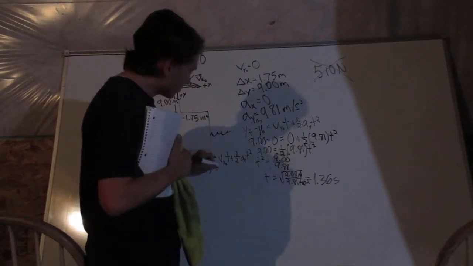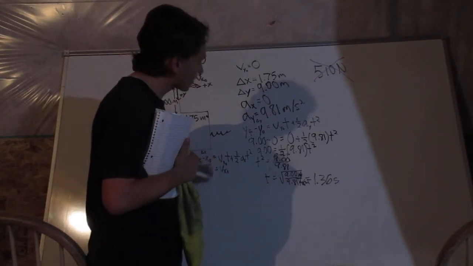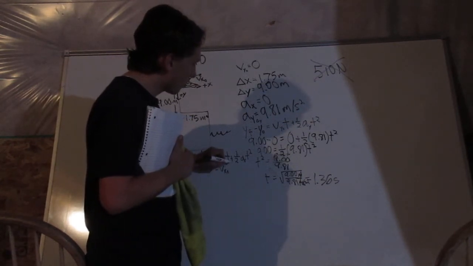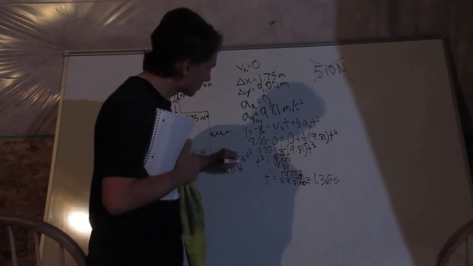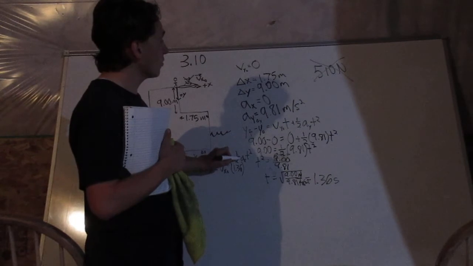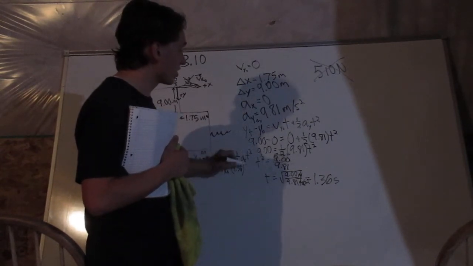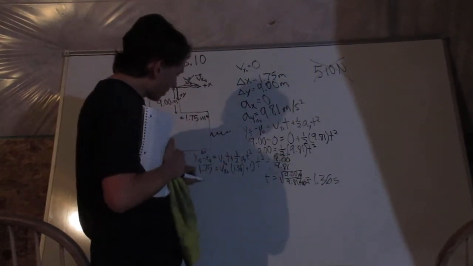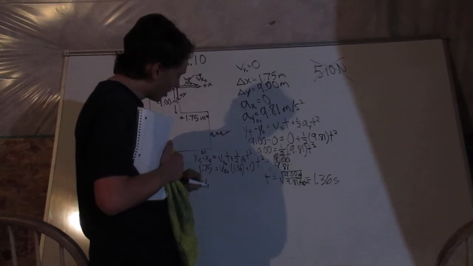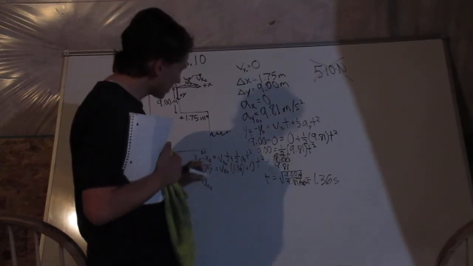It's equal to, we don't know our initial x velocity, but we do know our time, which is 1.36. And one thing we also know is we're not accelerating in the x direction, so this entire term is just 0. So we don't need to worry about that. So now we can divide both sides by 1.36.